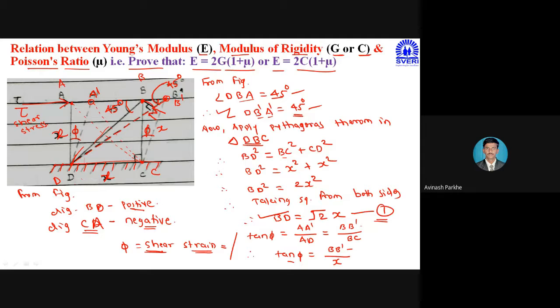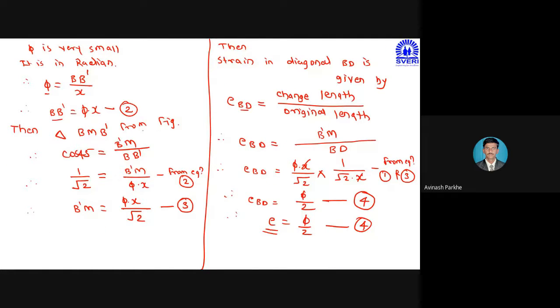Similarly, from that figure, in the new angle we got, B dash M, we apply the cos rule: cos 45, and cos theta is equal to adjacent side upon hypotenuse. Therefore the adjacent side is B dash M and the hypotenuse is B dash.